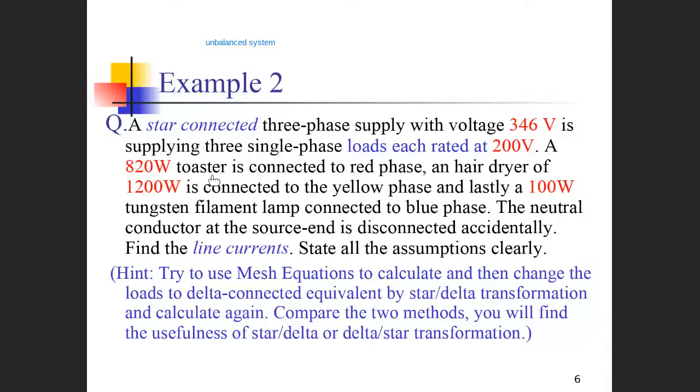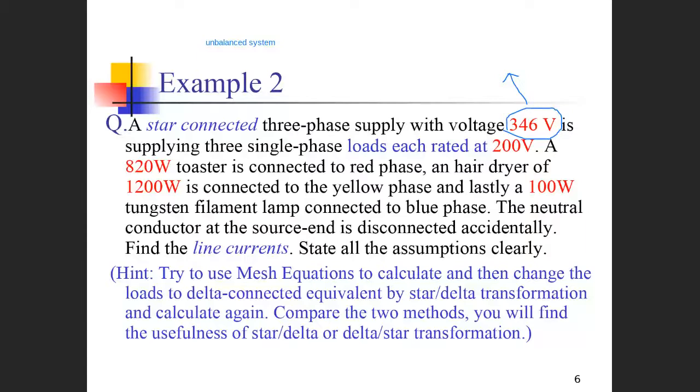A hair dryer of 1200 watts is connected to the yellow phase, and lastly, a 100-watt tungsten filament lamp is connected to the blue phase. Here the 346 is the line voltage. Remember, in a 3-phase system, we are talking about the line voltage, right?